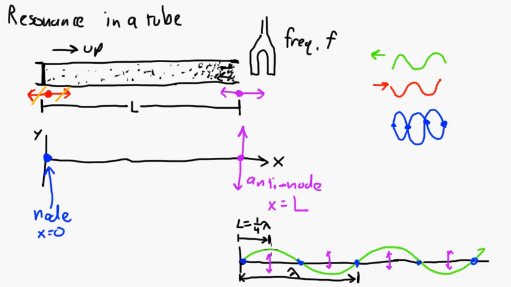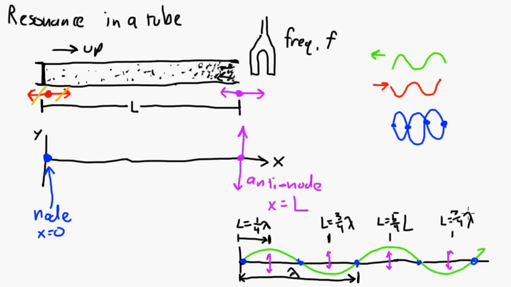Okay, well, what's the next possible pipe length that will get us an antinode at one end of the pipe, right here? So I have L equals 3/4 lambda as another possible resonance length. Similarly, L equals 5/4 lambda, and then L equals 7/4 lambda, and so on.